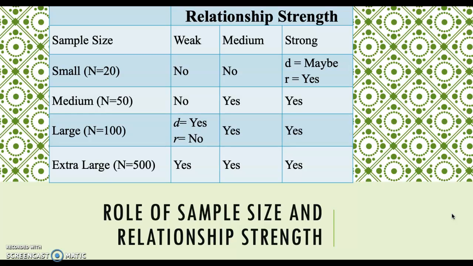The role of sample size and relationship strength. Recall that null hypothesis testing involves answering the question, if the null hypothesis were true, what is the probability of a sample result as extreme as this one? In other words, what is the p-value?